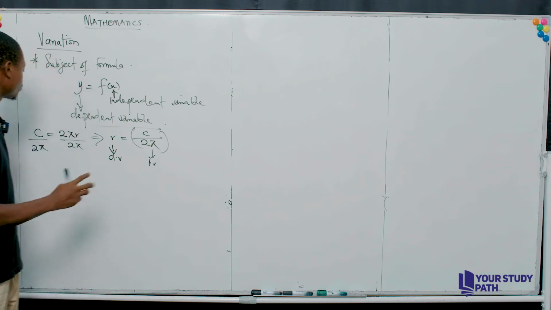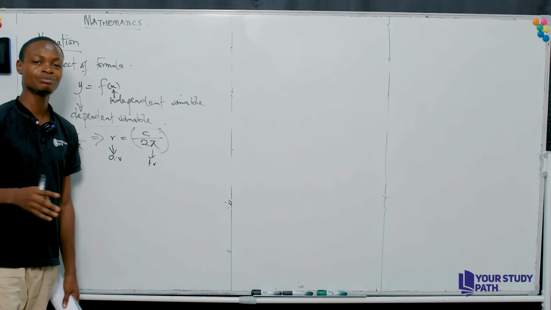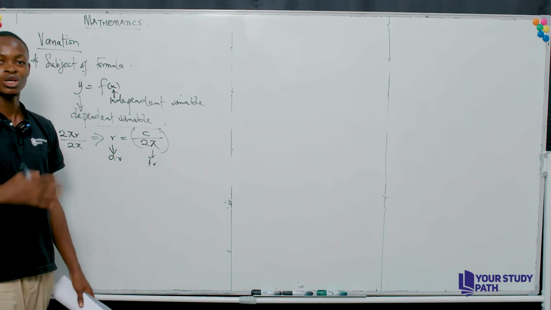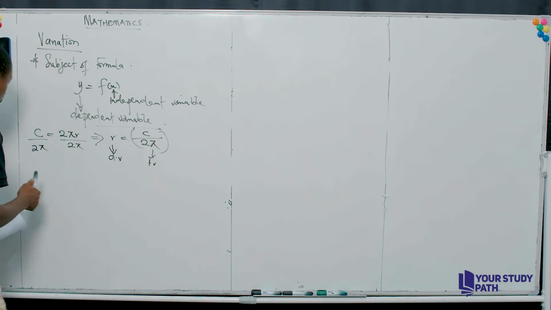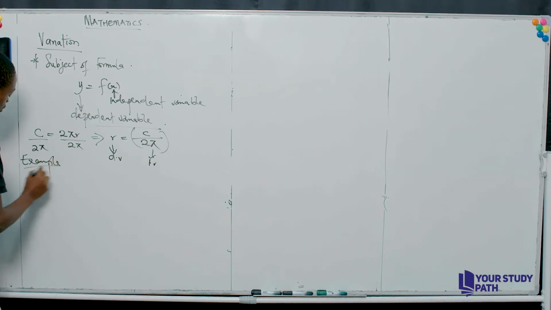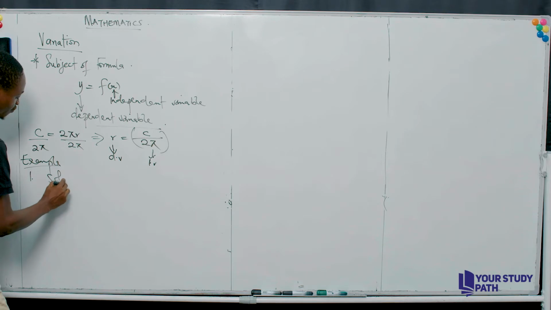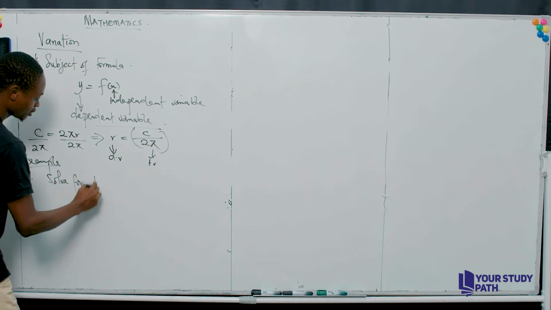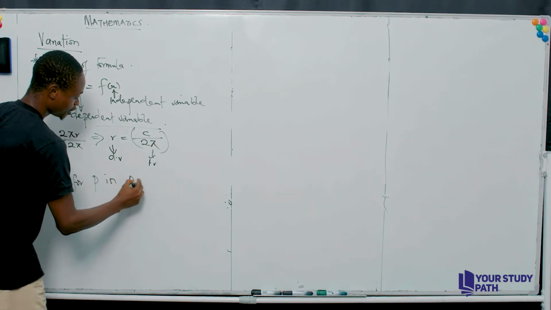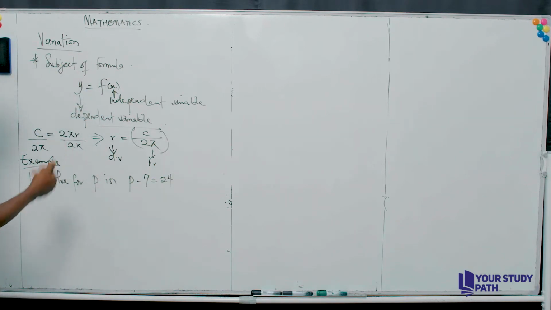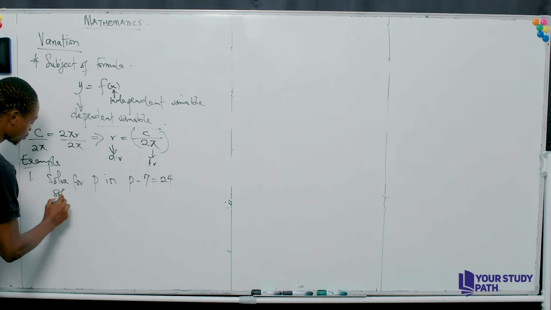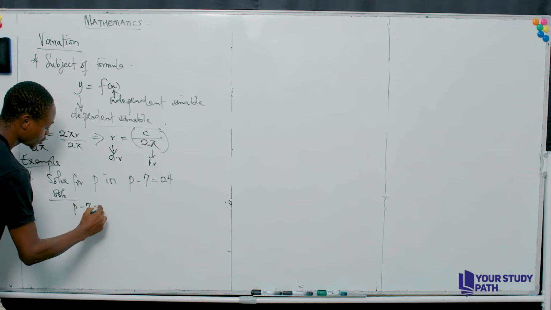So let's look at simple functions and determine the subject of formulas of those functions before we go into our job for today. So first off, let us attempt this. We'll start from simple. Let us solve for p in p - 7 = 24. So we have p - 7 = 24.